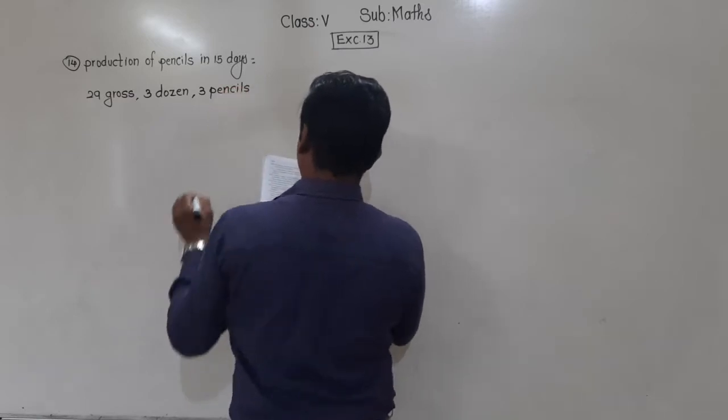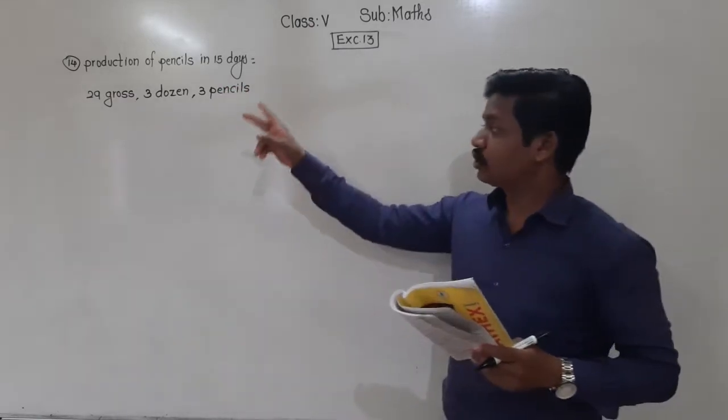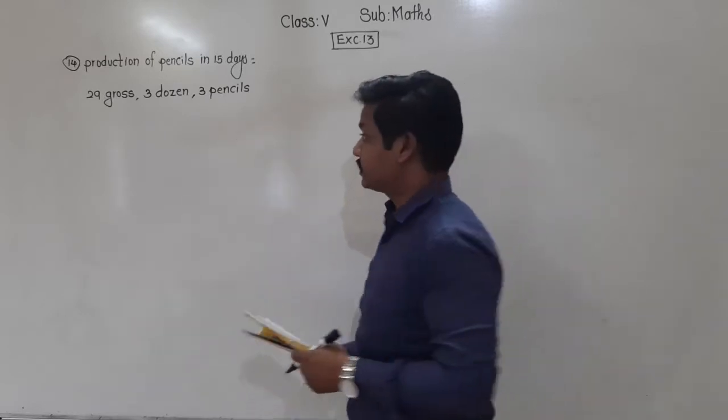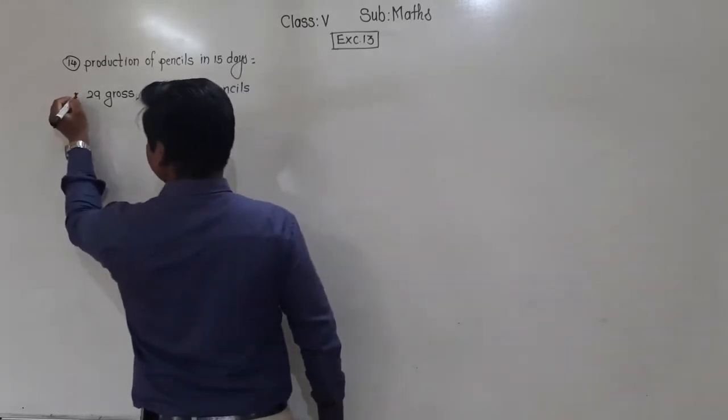So we will convert this 29 gross, 3 dozen, 3 pencils into a number of pencils. First let us convert gross.